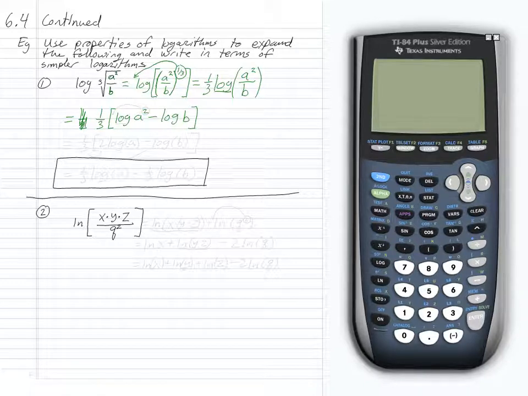And finally, I can recognize that I have another exponent inside of this logarithm and pull it outside as a coefficient.